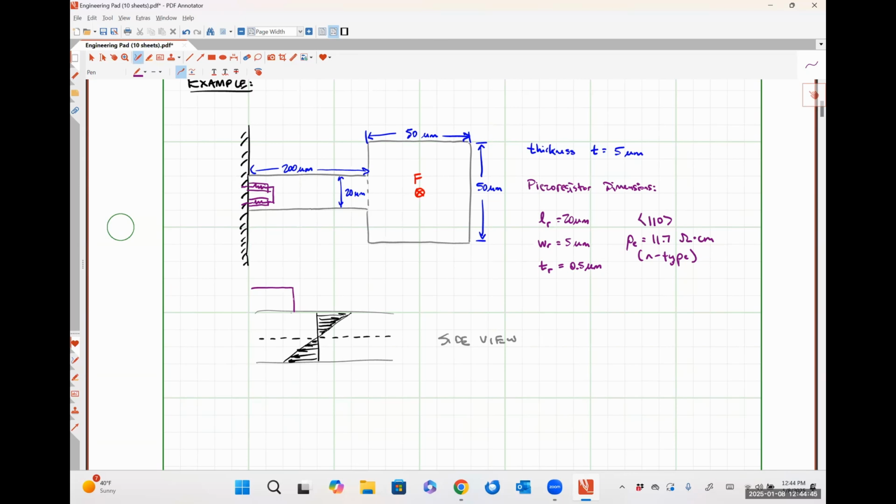So having something thin and either sitting on the surface or embedded into the cantilever is typically the way to go to put in a piezo resistive sensor. Okay. All right, so tangents away. We're done.